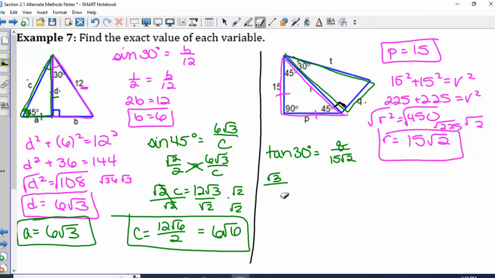You move your radical. Cross multiply. Divide by 3, so Q is 5 radical 6.